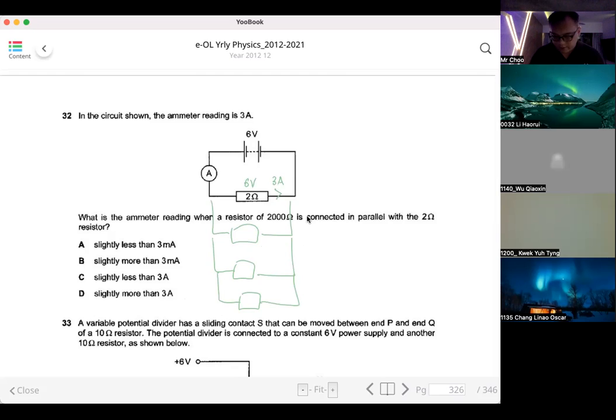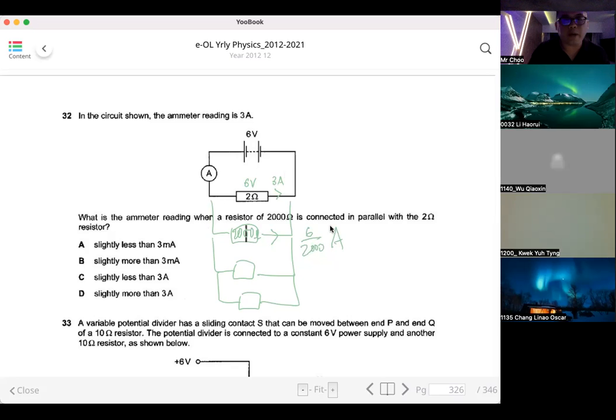Okay, the PD is 6 volt. 2000 ohm. So the current here is very, very small. It's 6 over 2000 ampere. So regardless how many branches we have, the first branch will still be 3 ampere.